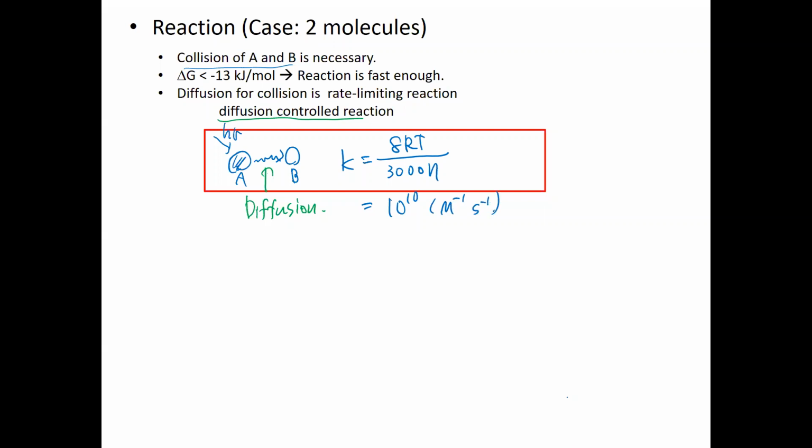So you can see that if the concentration is like 0.1 molar, then K is around 10 to the 9, meaning it's about the 1 nanosecond order. So this is the fastest reaction in diffusion-controlled reactions. Of course, it depends on the concentration though.